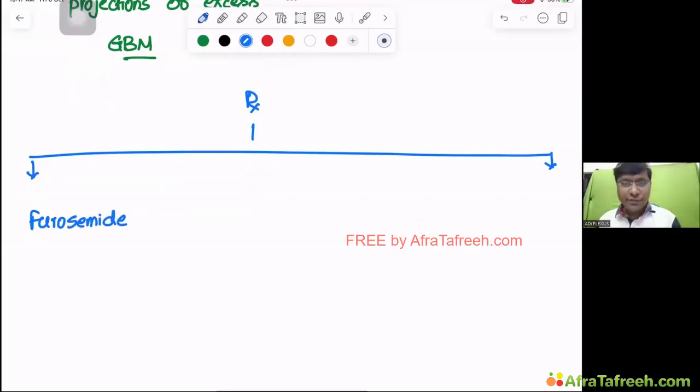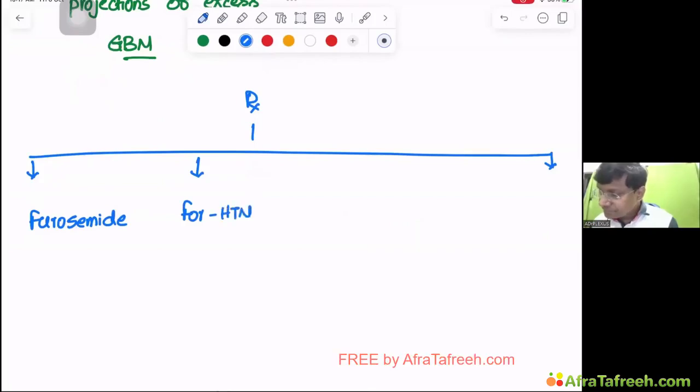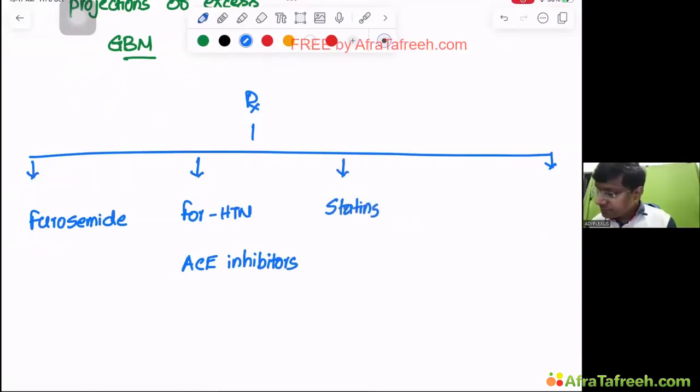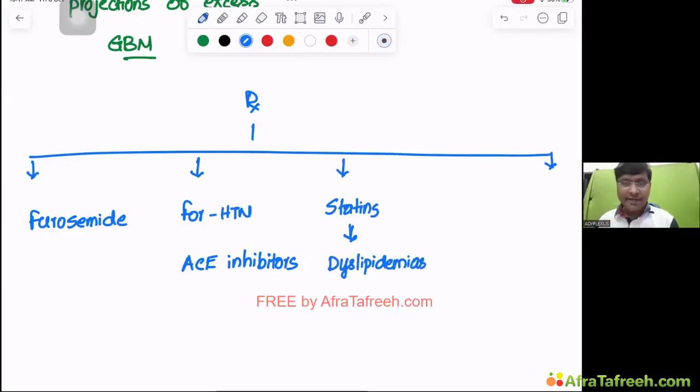So you need to give low-dose furosemide. And for hypertension, you need to give ACE inhibitors. That is for hypertension. And for dyslipidemia, you should give statins. That is for dyslipidemias.